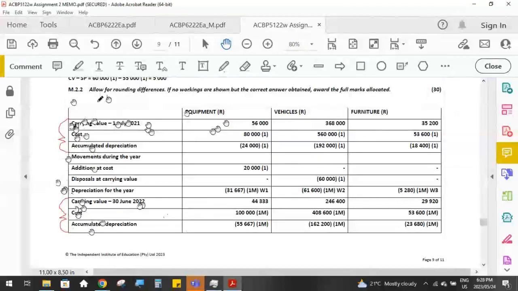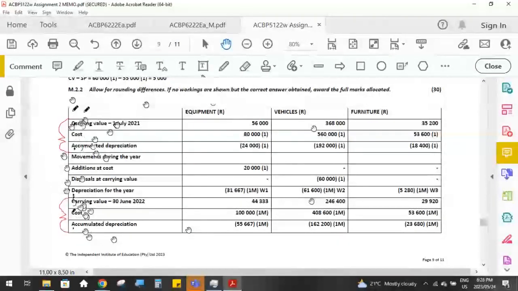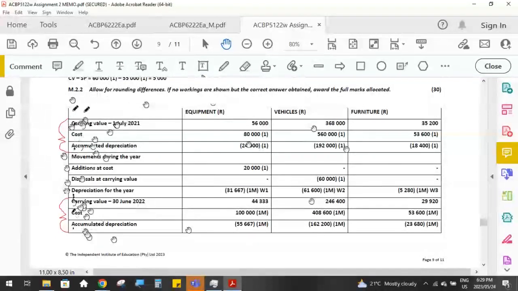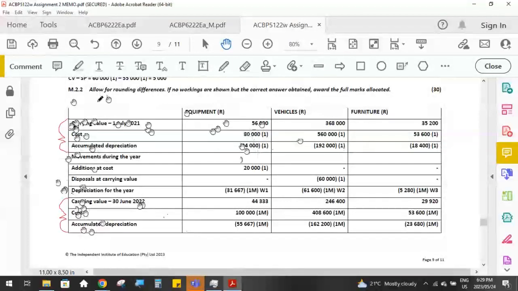So it's opening balances plus or minus the movements equals closing balances. Okay. So these opening balances were given to you. So all you had to do was fill them in, cost and ACDEP, and take note, you must always put brackets around any amounts that are credits. So 80 minus 24 gives us a carrying value of 56, etc.